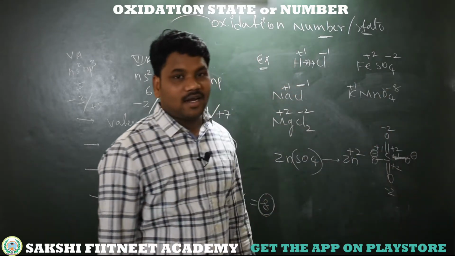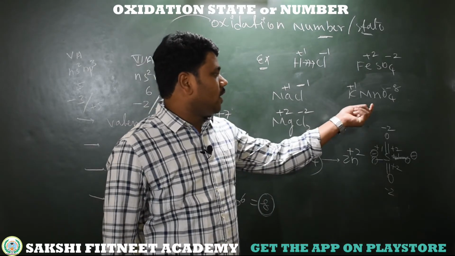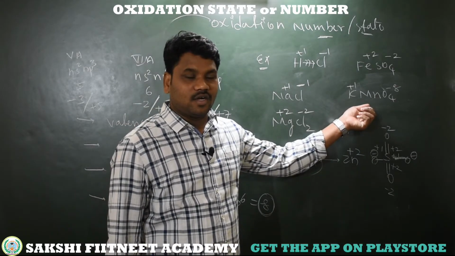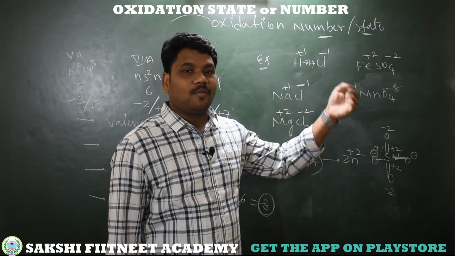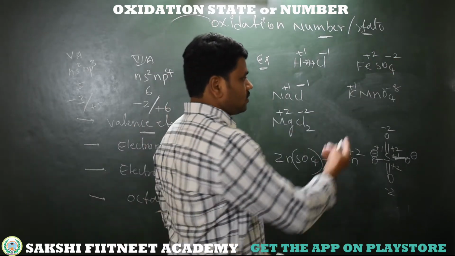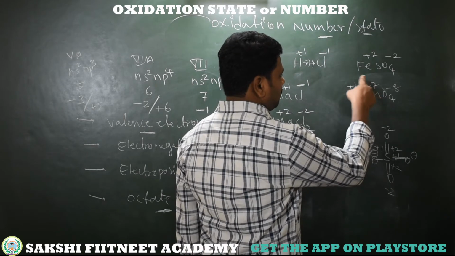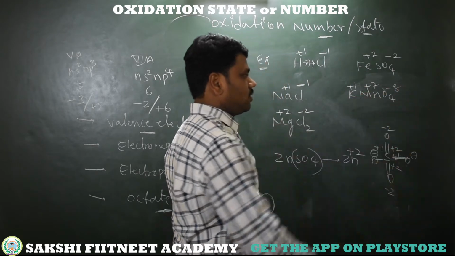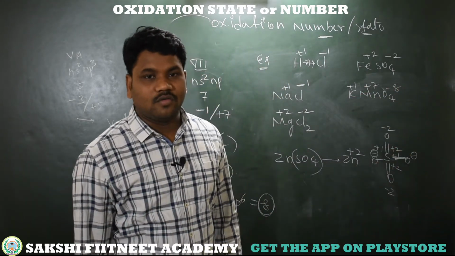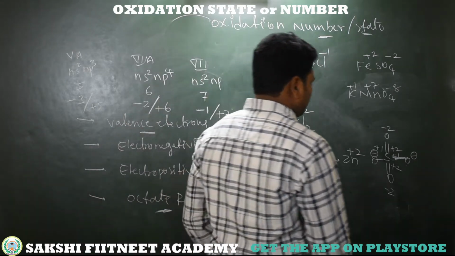Then what about manganese? Manganese belongs to the D block, so based on the valence electrons, manganese can exhibit up to +7 oxidation state, so it's +7. See here, +1, +7, -8, it's neutral. So KMnO4 we can write as a neutral compound.